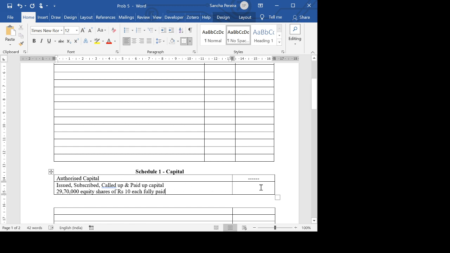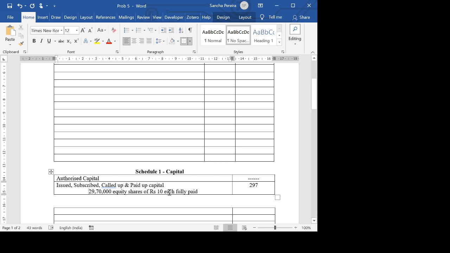Directly what you have to do is just take that amount, and the amount is 297. Nothing else has to be done. Take it the way it is given to you. Please don't remove these zeros because this is the number of shares, not rupees. So you get 297 the way it is given.